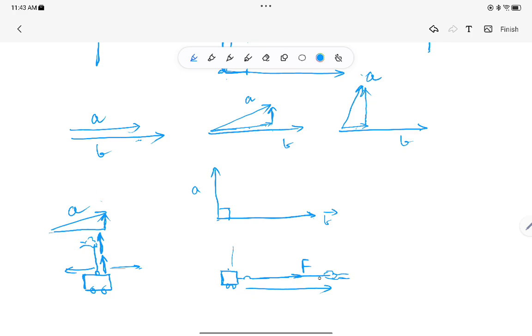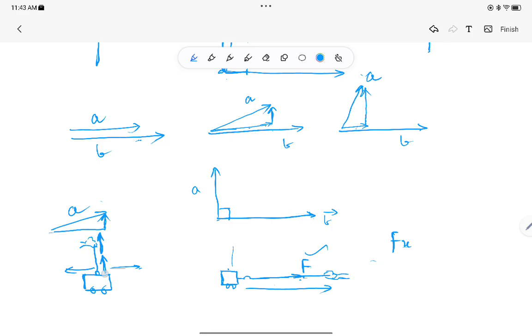Here, the box moves in the horizontal direction. It neither goes up nor goes down. We say that this force is purely horizontal, purely x force. We denote it by x. This is along the x-axis. This force is purely horizontal. This means that it produces a motion which is directed in the horizontal direction. What about this force?